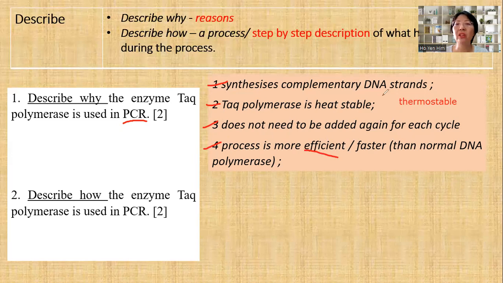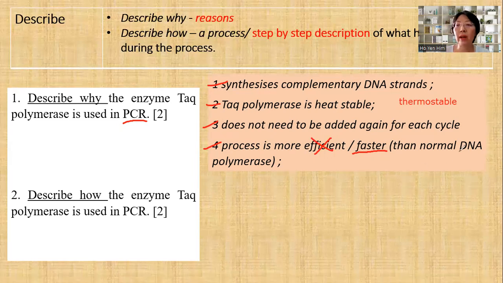Now, I don't like the word efficient. Try not to use the word efficient in the exam because I don't understand the meaning of efficient. Please don't write it. Write exactly what you mean by efficient. Is it higher? Is it faster? Okay. So the process can occur faster because you do it at higher temperature and the enzyme is not denatured.